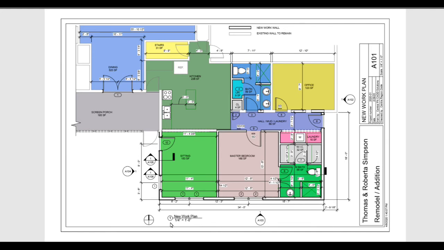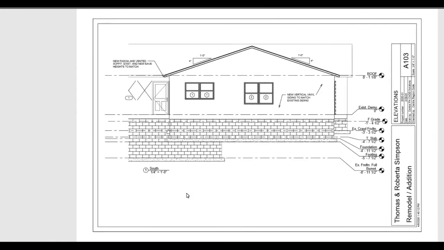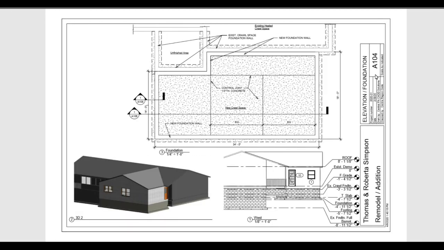In this case, there is one drawing on sheet A101, and it's listed right here, drawing number 1. It is the new work plan, and it also gives the scale of the drawing. If I were to go look at another sheet, say A104, in this case we have 1, 2, 3 drawings that show up within this sheet.